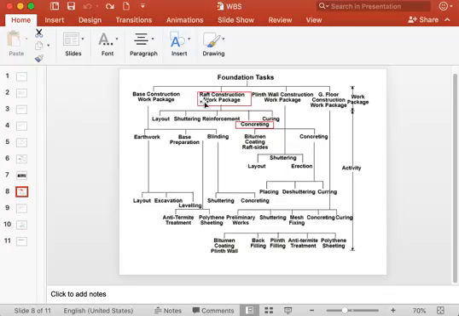And when all these 4 work packages are completed, then you can say that foundation task is completed. So it goes on.